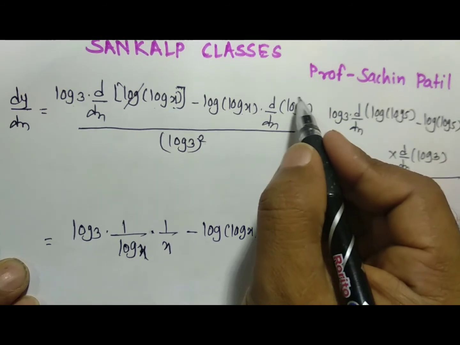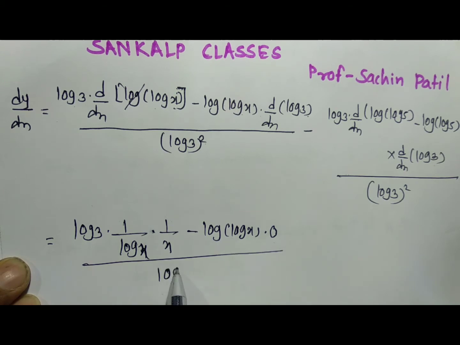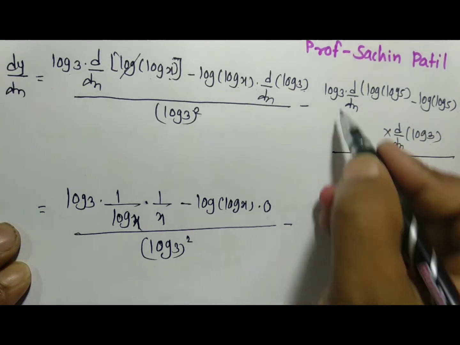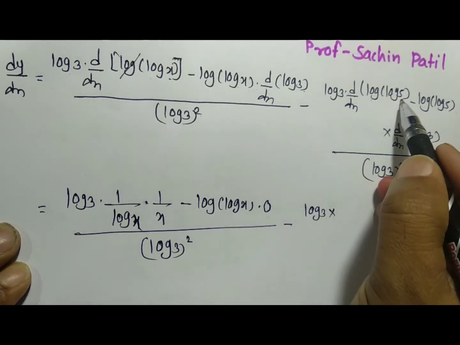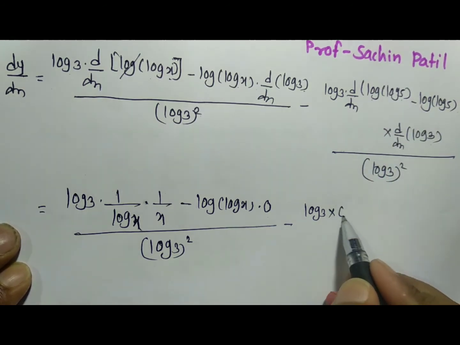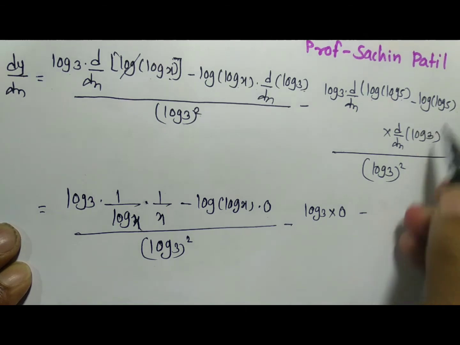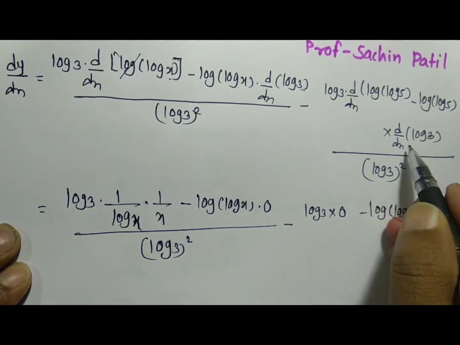It is a constant, and the derivative of a constant is 0, and therefore you put 0 and log 3 square in the denominator. Minus, once again, log 3 as it is, and log of log 5 is once again a constant, and the derivative of a constant is 0, minus once again log 5 into the derivative of log 3.